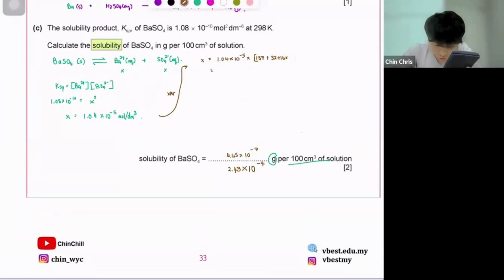SO4, what is this nonsense, bro? I think 2.43 times 10 to the power of negative 3.